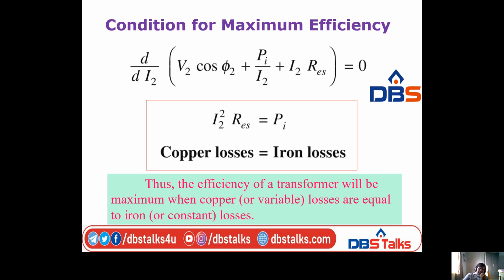So by differentiating this equation, V2 cos phi2 is a constant. There is no current term in the first term, that's why d by dI2 of the first term is 0.